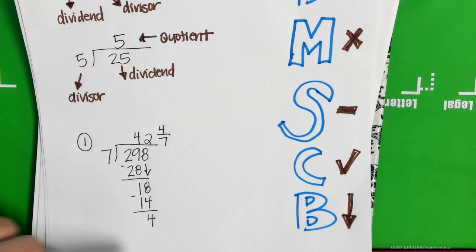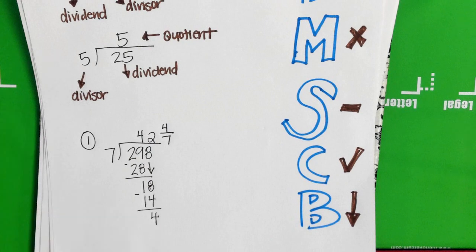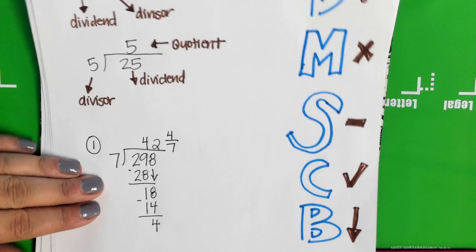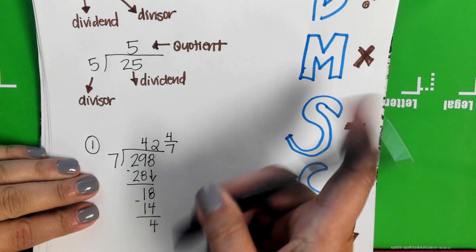So whatever you have left when you're done will always be your numerator. It will always be on that top shelf. And your divisor will be your denominator. Can I simplify 4/7? No, because I don't have a number larger than 1 that will go into both of them. All right? Let's do one more.